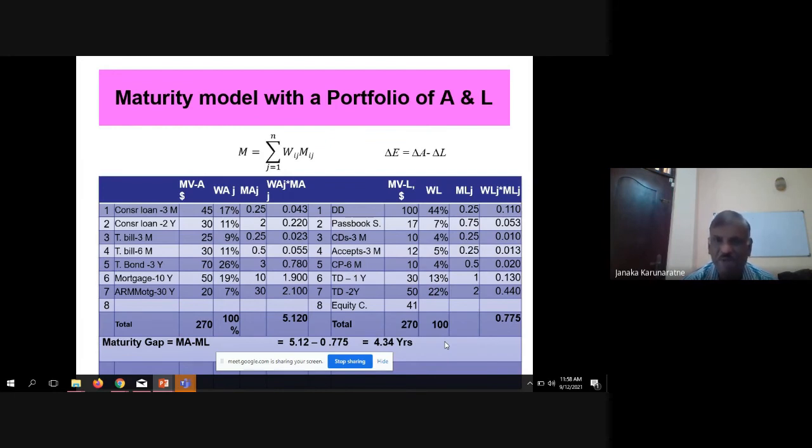Theoretically, you don't have any maturity for demand deposits. So it has come up with 0.25, then passbook savings 0.75 and so on. Similarly, you do WL times ML and come up with a total ML of 0.775. So the maturity gap equals 5.12 minus 0.775, which is 4.34, right?